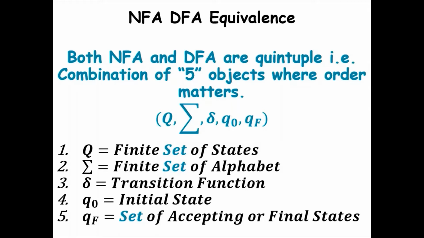The third element is denoted as delta, which is the transition function. Here the transition function is a little bit different for NFA and DFA. This transition function is not the same for both. The fourth element is the initial state, denoted as Q0, and the fifth element of this quintuple is the set of accepting states or final states.